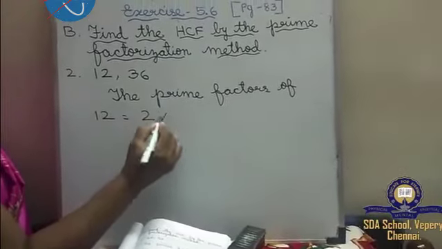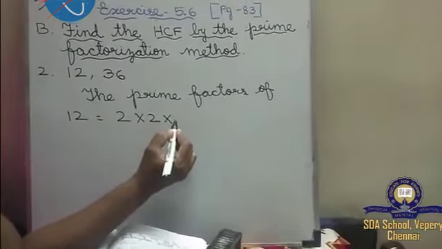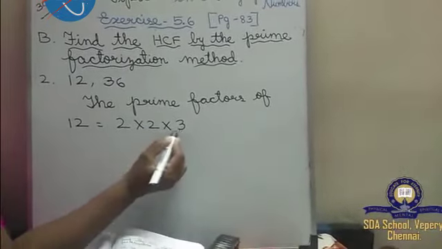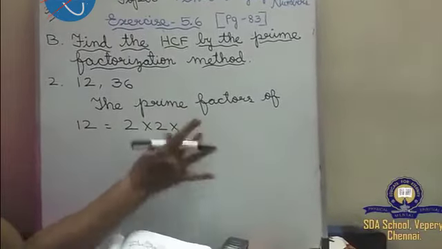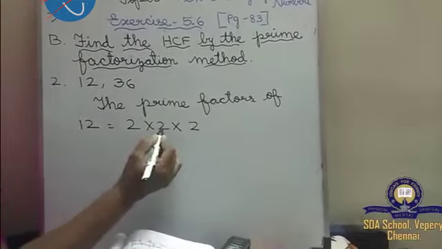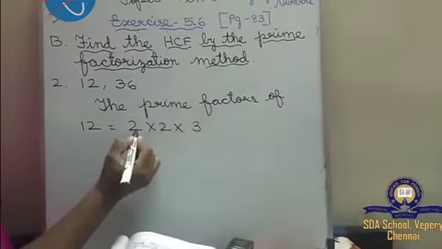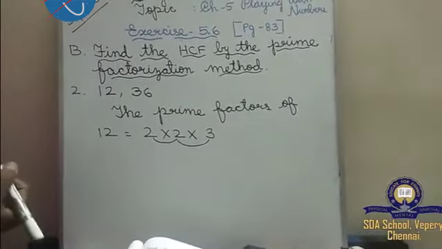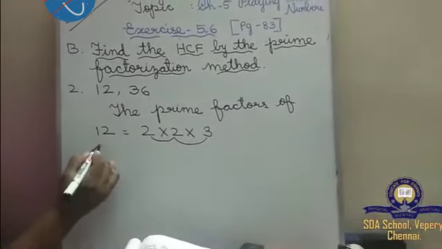Easy. 2 into 2, 2 2s are 4. 4 3s are 12. Otherwise you can put 2 2s are 4, another 2, 4 2s are 8, but it won't come. So you have to write only 3. 2 2s are 4, 4 3s are 12. Otherwise it will be wrong. So next 36.